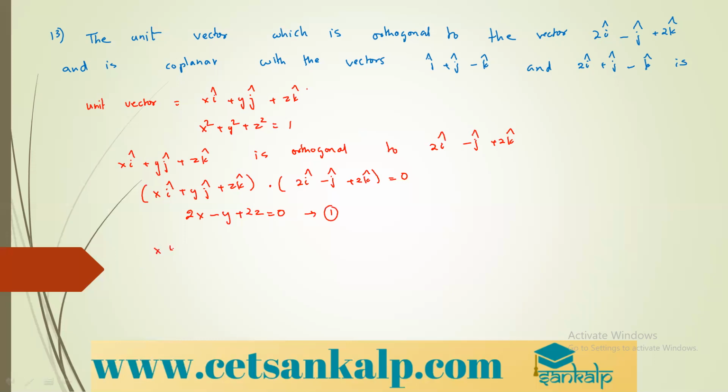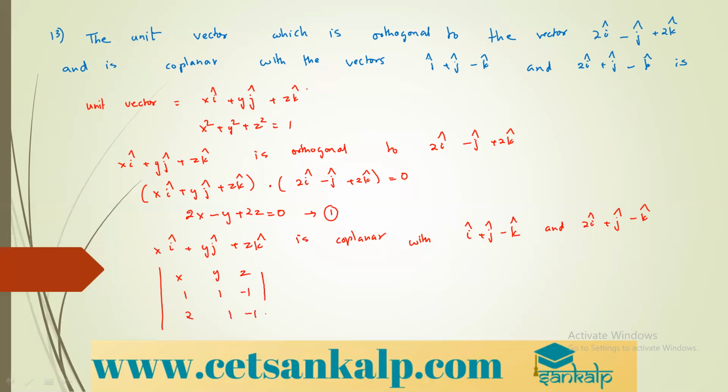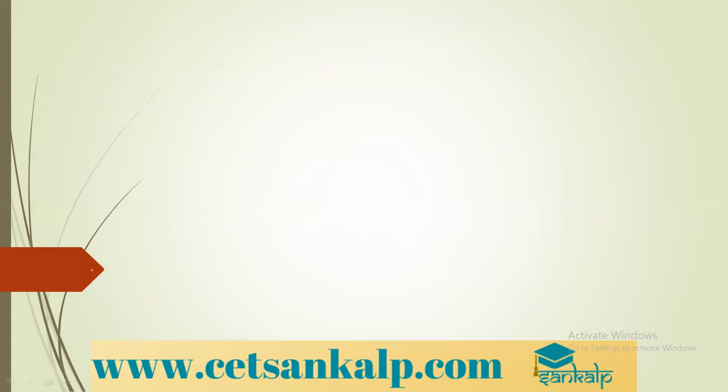Again, the unit vector xi plus yj plus zk is coplanar with the vectors i plus j minus k and 2i plus j minus k. Coplanar means what? The determinant with rows x, y, z; 1, 1, minus 1; 2, 1, minus 1 is equal to 0.